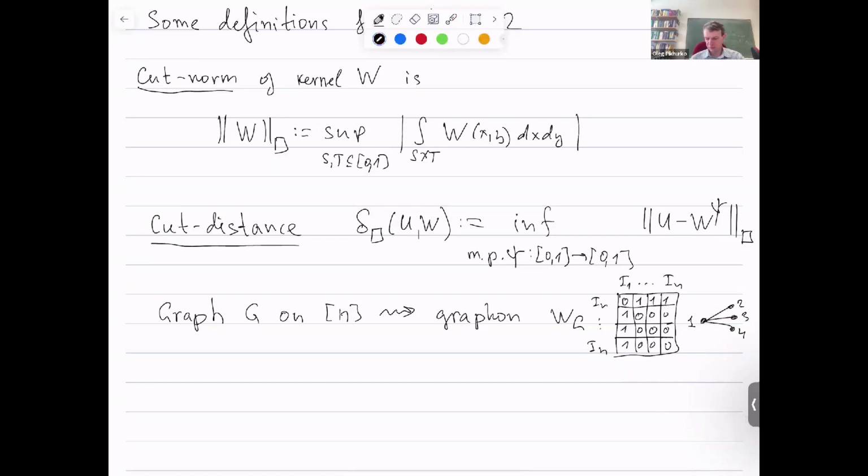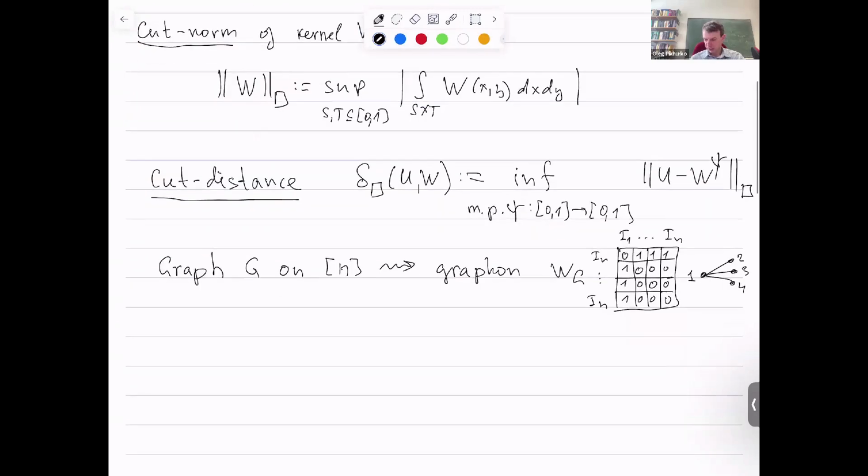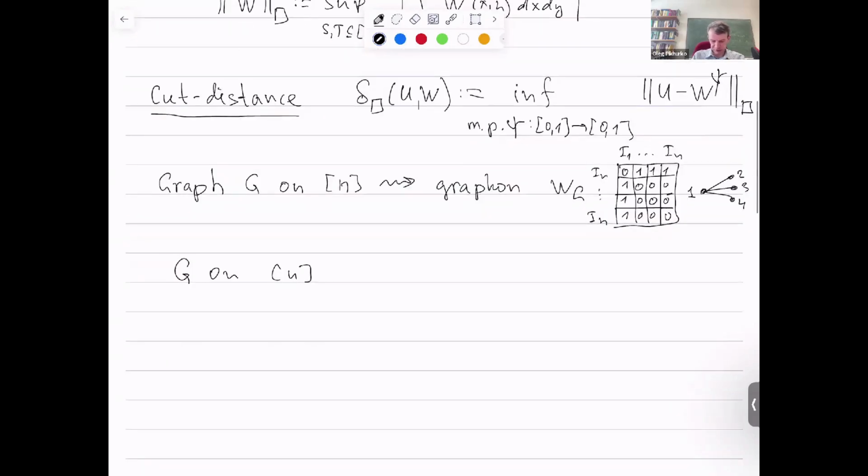Now you may wonder why this distance is interesting or good. Suppose I have some graph G on a vertex set of size n, and as before I correspond to it the graphon W of G, which has many steps. Suppose I can approximate this W of G by some graphon U, which has very few steps.